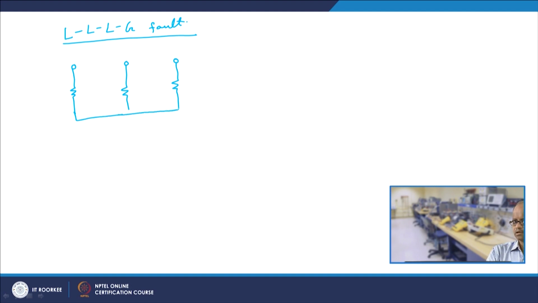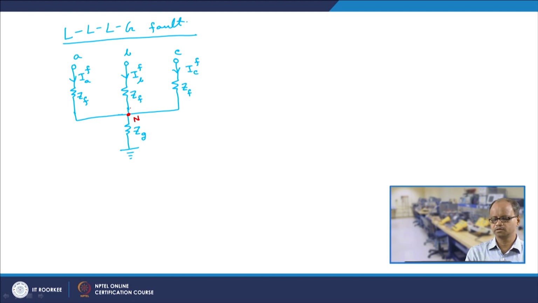If A, B, C all have impedance ZF, with currents IAF, IBF, ICF, and the fault current IF flowing through ground impedance Zg. Again, as usual, we take this point to be N.